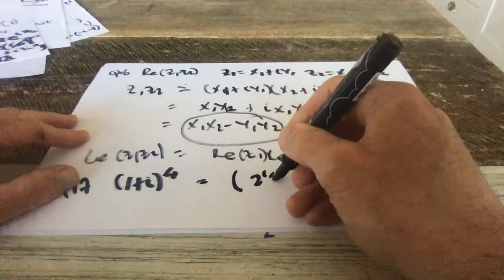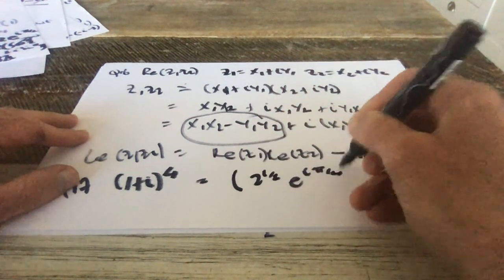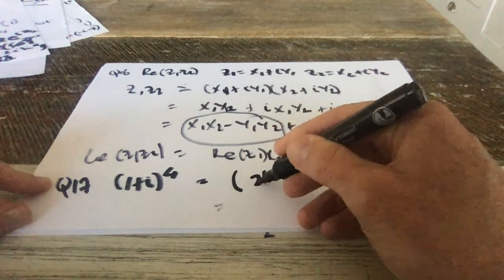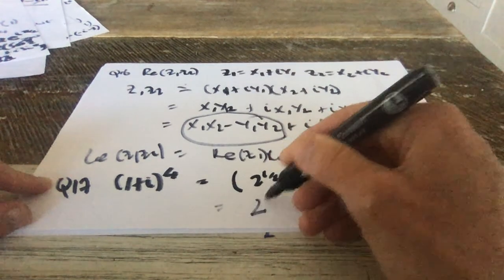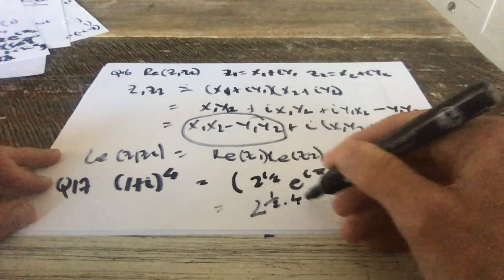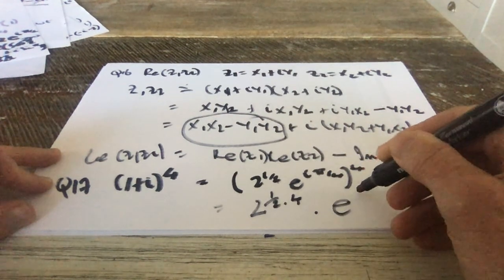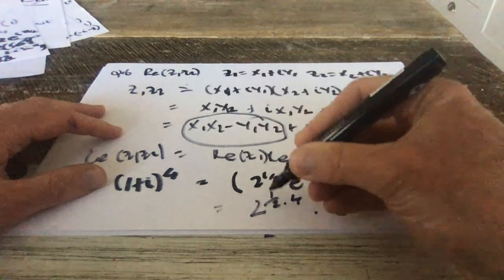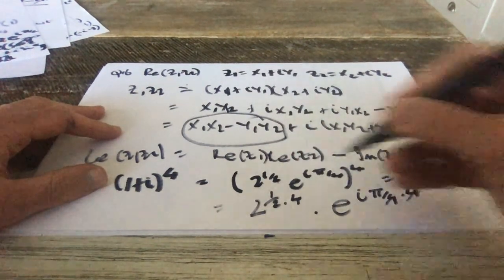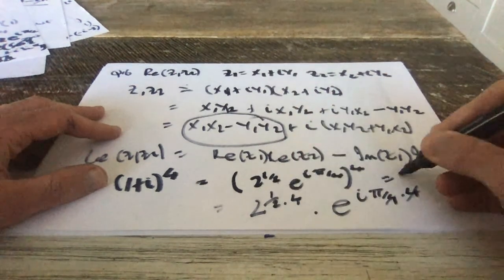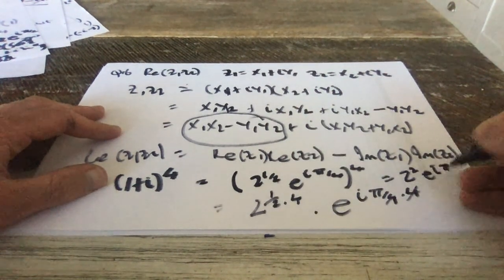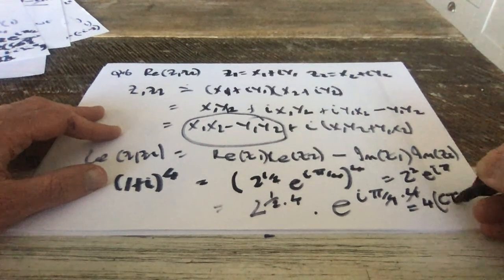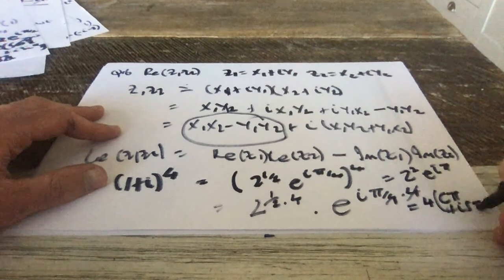So you get 2 to the power of a half, exponential i pi over 4, all to the power of 4. You bring the power into each of these two things, so you get 2 to the power of a half times 4, multiplied by exponential i pi over 4 times 4. The 4 and 2 cancel, so you get 2 squared exponential i pi. 2 squared is 4, into cos pi plus i sine of pi.